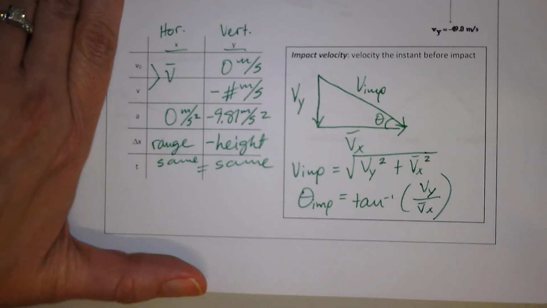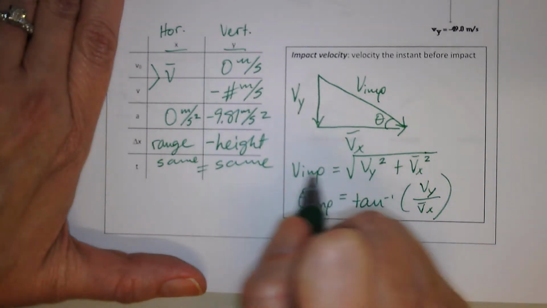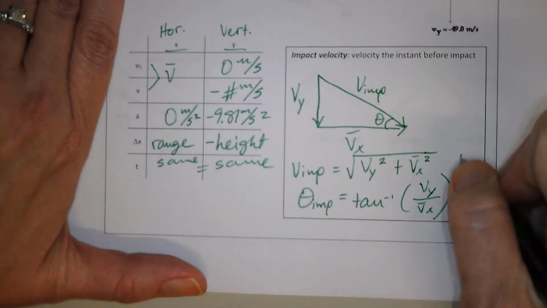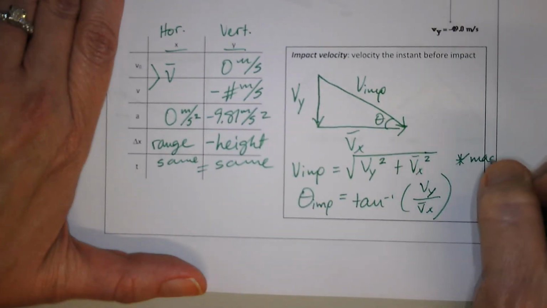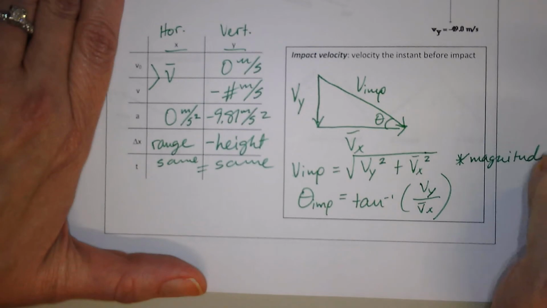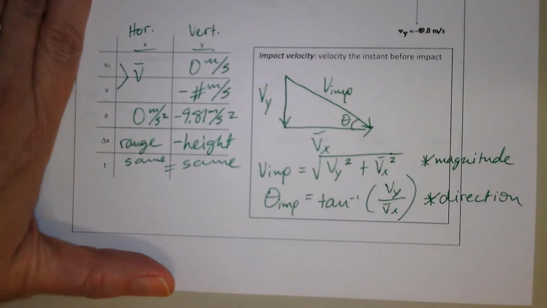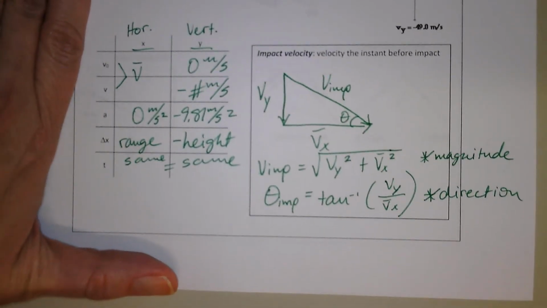So then you have to report a magnitude, which is your V impact, and direction. Your direction is the angle with which it strikes the ground. So you have to report your impact velocity in terms of magnitude and direction. Okay, so moving on.